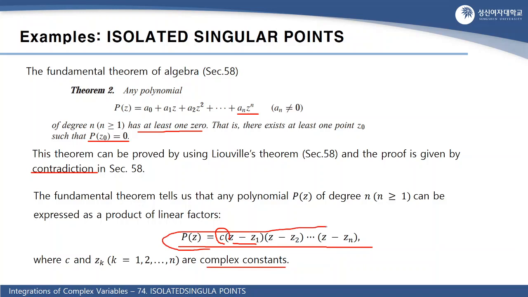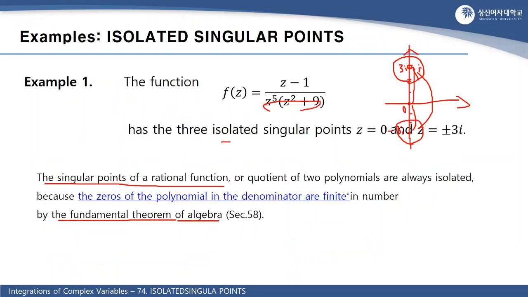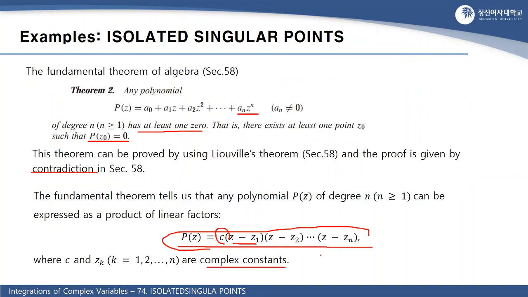So any polynomial can be divided into linear factors here. So if we consider the zeros of the polynomial in the denominator, the zeros could come from the linear factors.